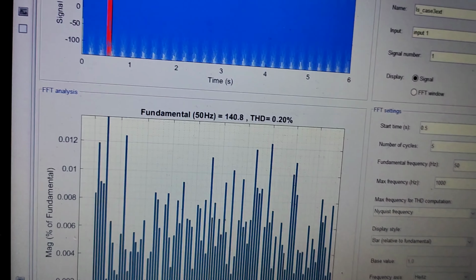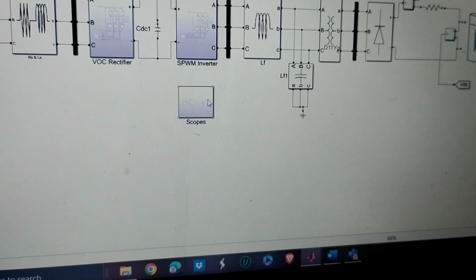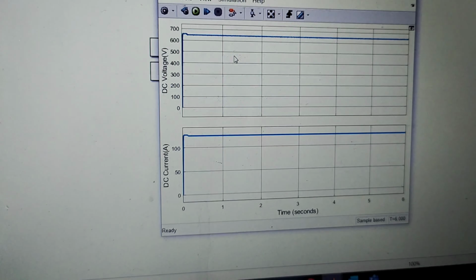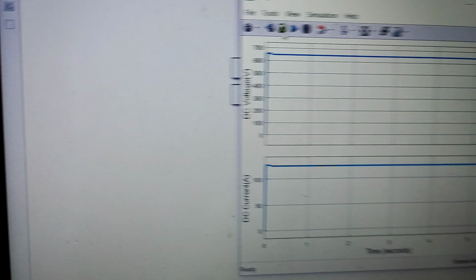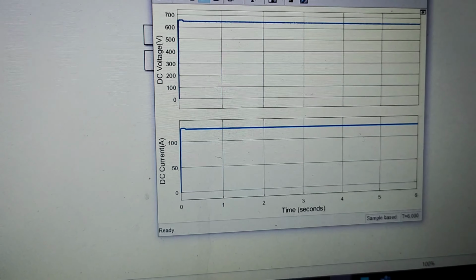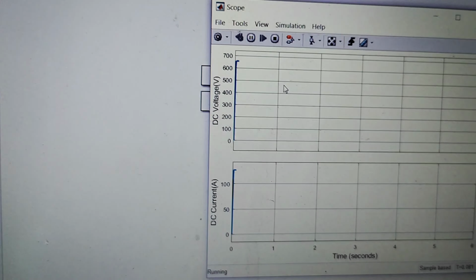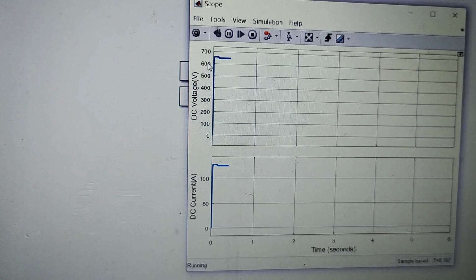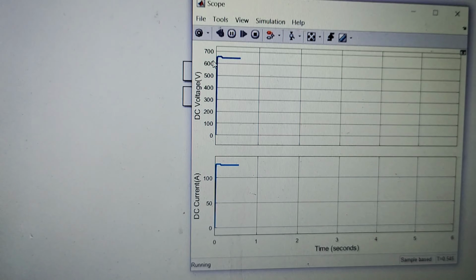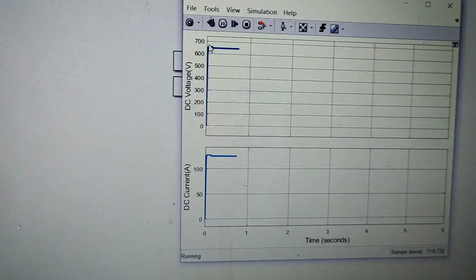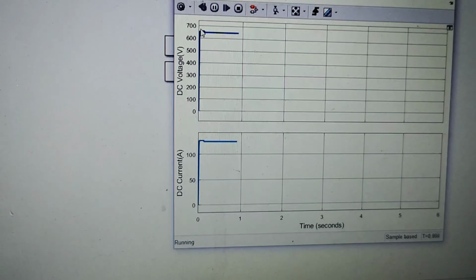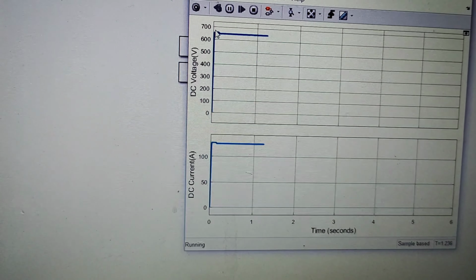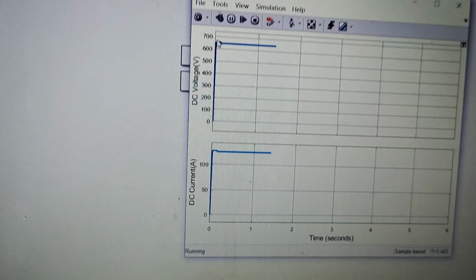I will show in the scopes what happens. This place has transients, while getting 360 above the voltage rating, with 380 maximum. So we get 350 with steady state.